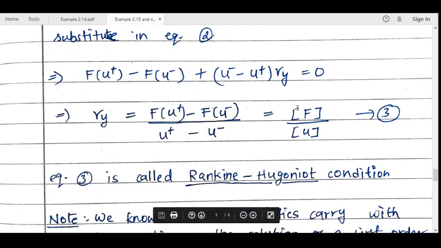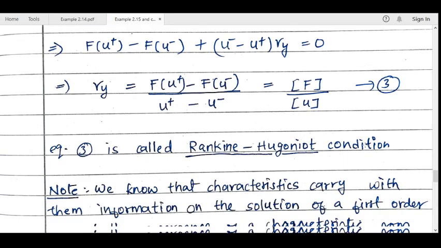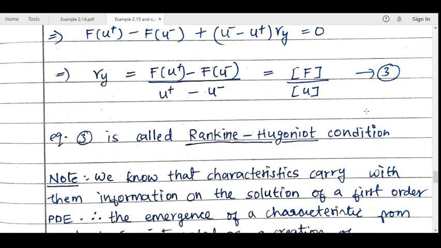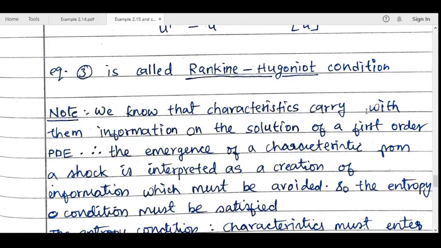So if we substitute f equal to half u square, we will get the earlier condition that we have already proved. So this is the important relation. We already know that when the characteristics meet, they carry the initial information of the solution.